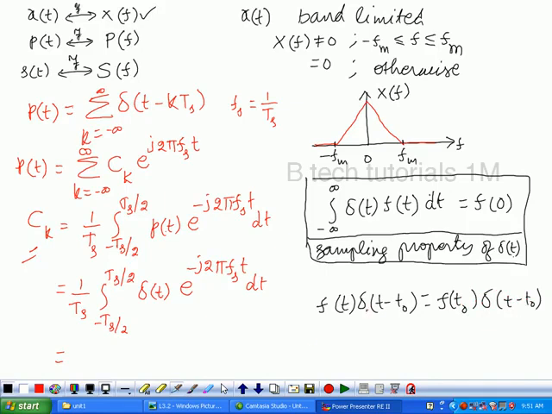Here if t naught is equivalent to 0, then f of t delta of t is equivalent to f of 0 into delta of t.